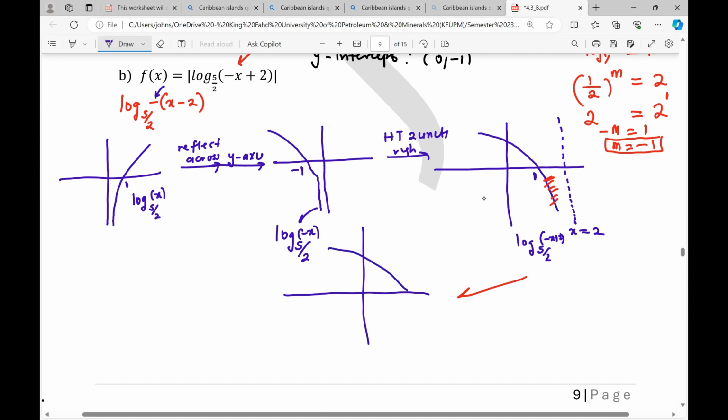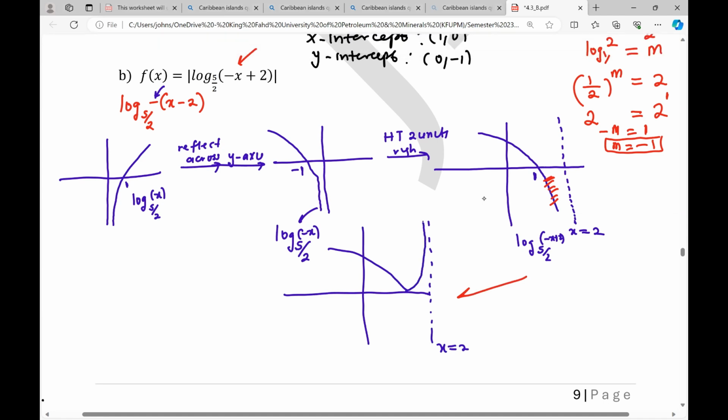It will still cut here, but now remember the vertical asymptote here is x equal to 2. So this side you have to reflect up, but still we cannot cross the vertical asymptote. So this is the graph of the absolute value of log base 5 over 2 of minus x plus 2, everything with the absolute value.